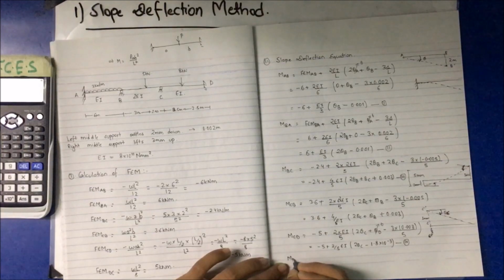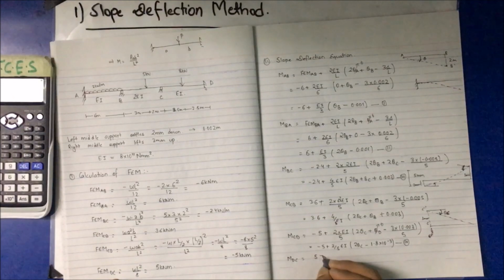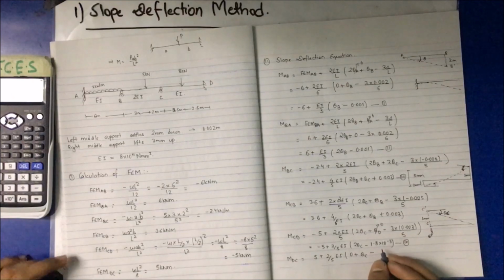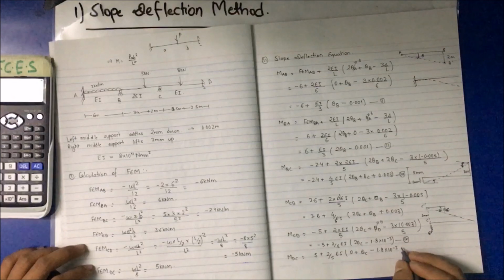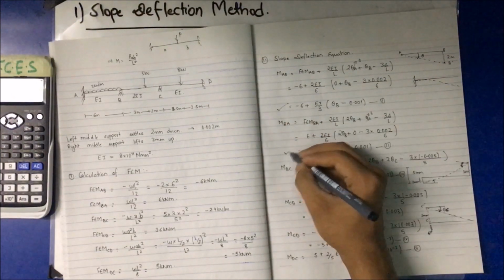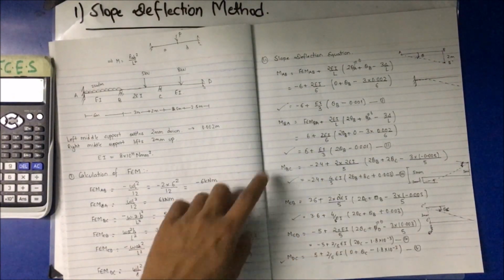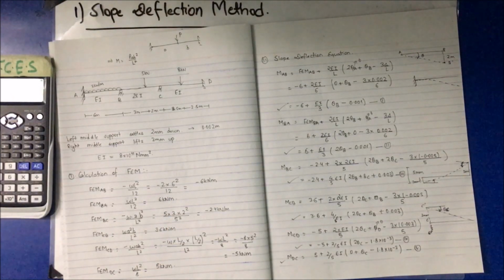And finally MDC, we have calculated the fixed end moment to be 5 plus 2 by 5 EI, 2 theta D, theta D is equal to 0 for fixed support, so 0 plus theta C minus 3 delta by L, that is 1.8 into 10 to the power minus 3, and we get the fifth equation. So equation number 1, 2, 3, 4 and 5, and this is sixth. So we have total 6 equations.